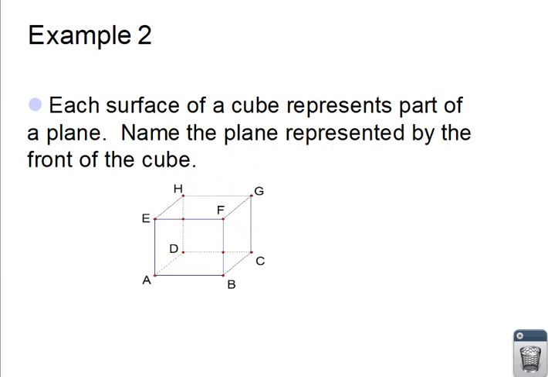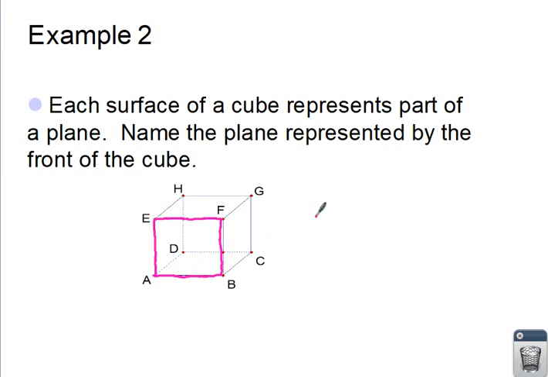All right, next example. It says each surface of a cube represents part of a plane. We want to name the plane represented by the front of the cube. So if we were to trace this, this is the front of the cube. I use a little imagination here. So to name it, you just name it by the 4 endpoints all the way around, and you name them in order.